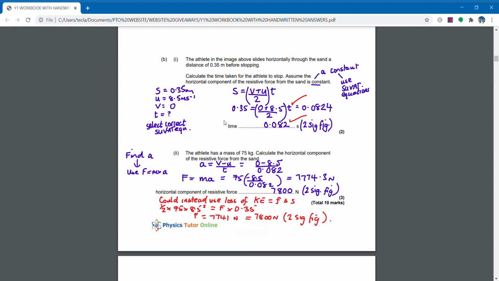So from that we can select a Suvat equation, which has got S, U, V, and T in it.